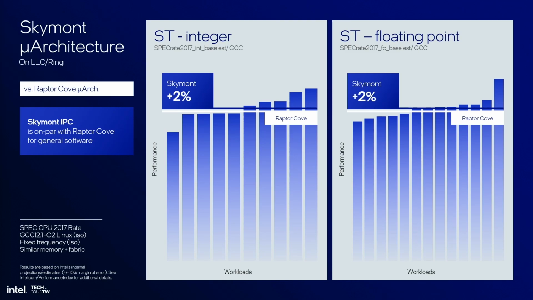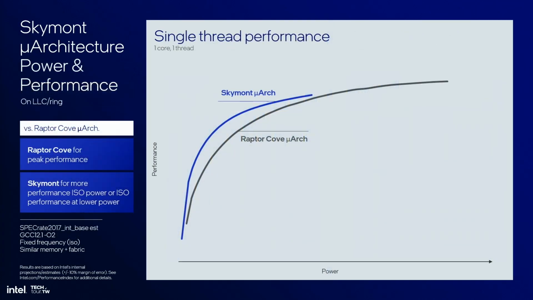So let's map that to power and performance. This is the full peak power and perf curve between the two. This is SkyMont in the Lunar Lake process. That's Raptor Cove in Raptor Cove process. You can see the peak performance is higher. Again, you can scale to 6+ gigahertz.